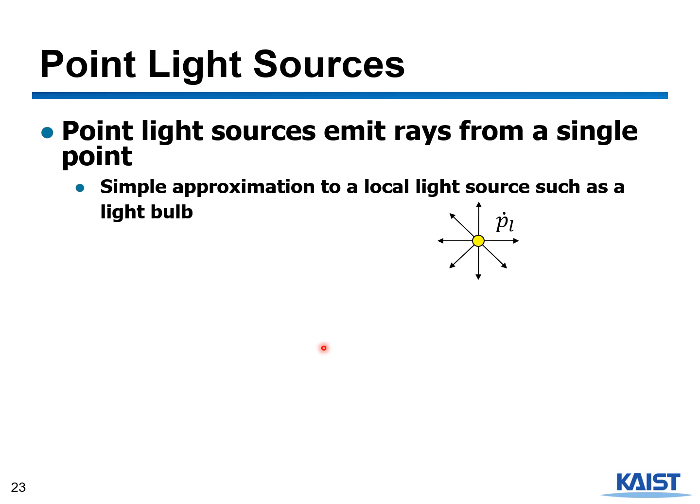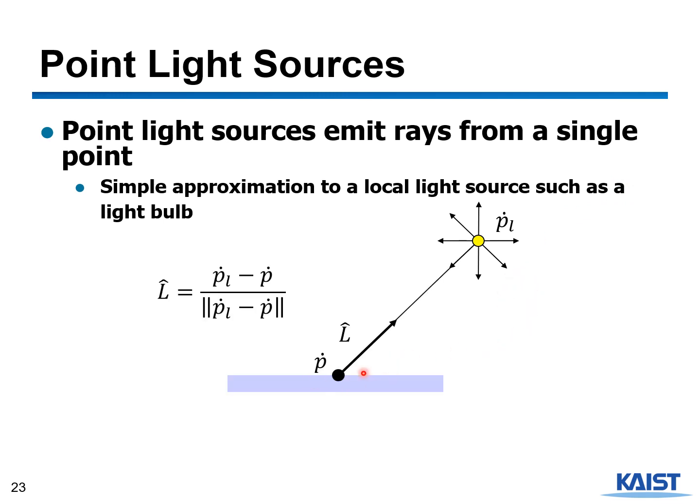But when you think about it, it is the direct illumination that accounts for the highest portion of the light energy. A point light source is nothing but, basically, we assume that there is a point light source like this, and this light source emits the light energy from a single point into any kind of direction. It's also a simple approximation to a local light source, such as a light bulb.